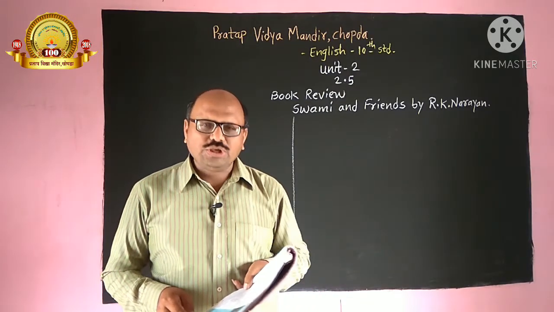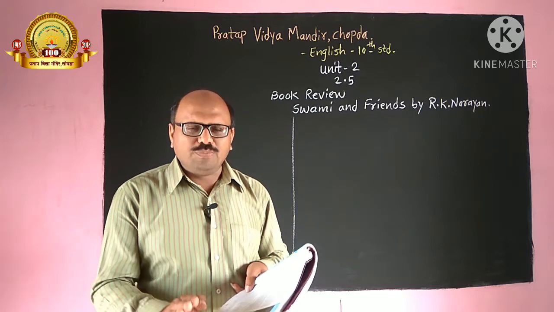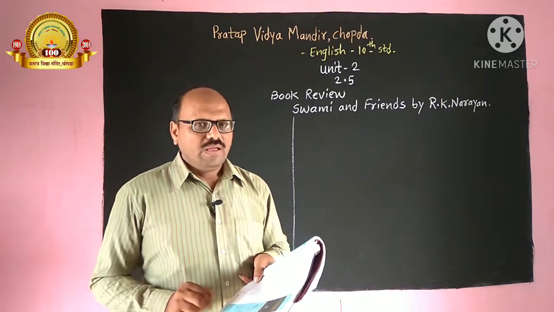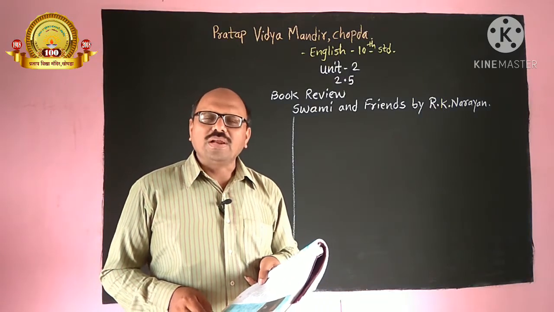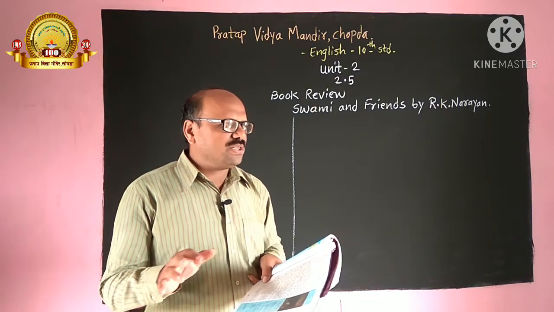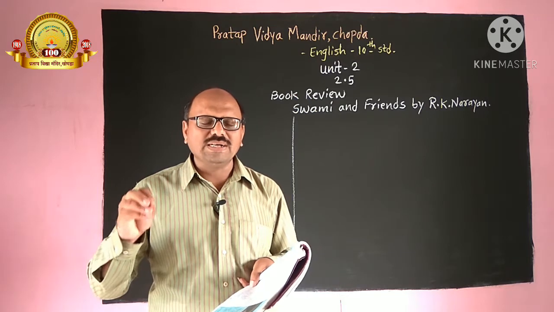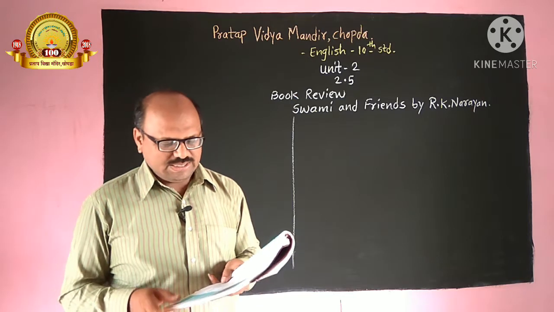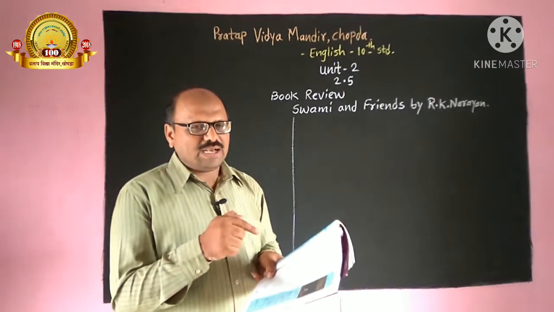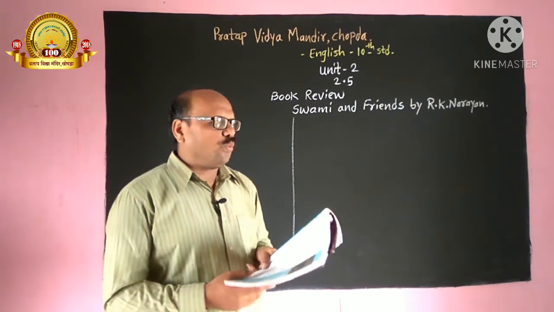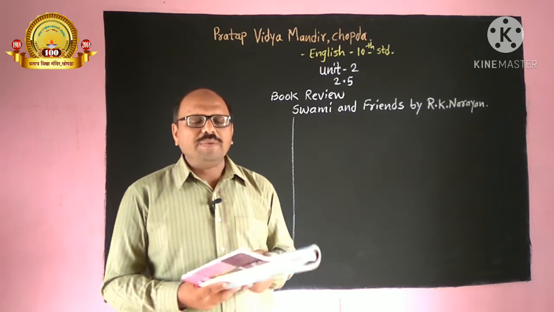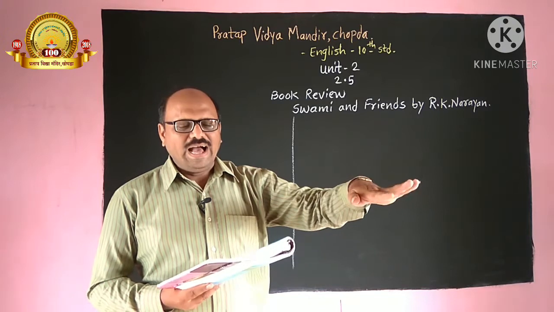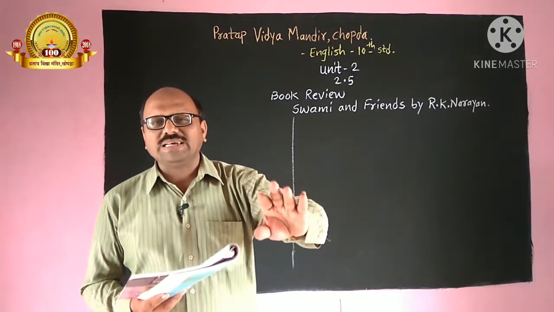They would like to be outside of school. And second, many students think that mathematics is the worst subject, a very difficult subject. With this view, Swami is a living person. Swami is a kid, near about 10 years old.